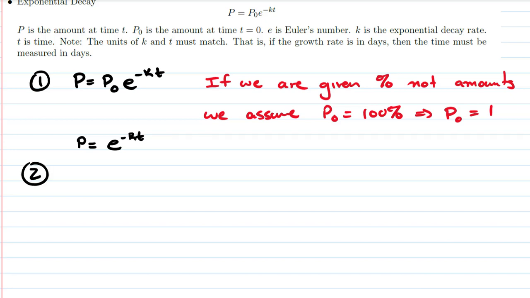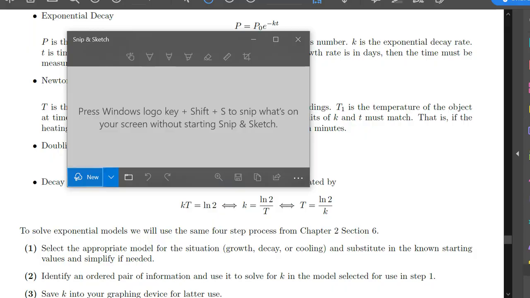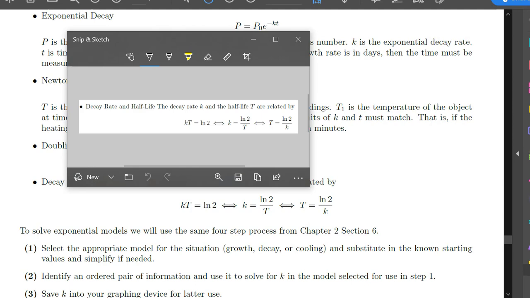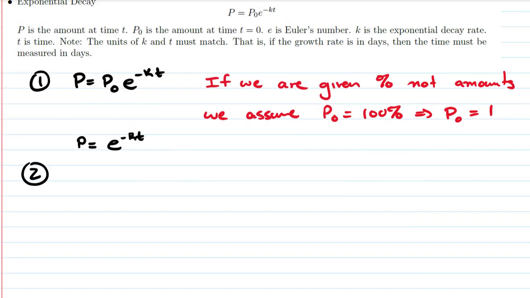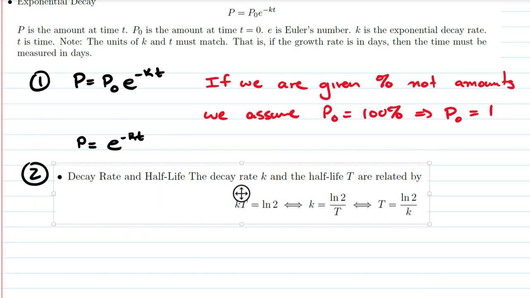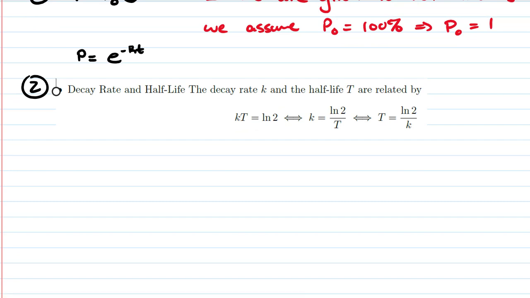All right, so then step 2 is we normally solve for k, and we can do that, but we have a nice formula that's going to help us out with our radioactive decay problems. For radioactive decay problems, the half-life, given by t, and the decay rate k are related by k times t equals the natural logarithm of 2.